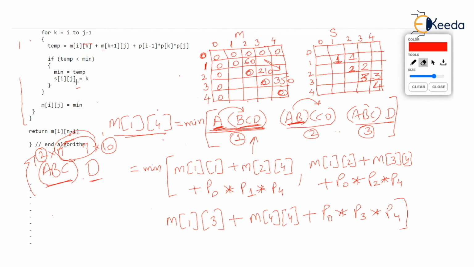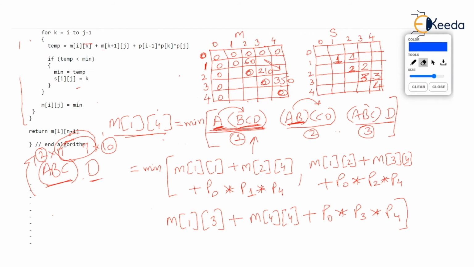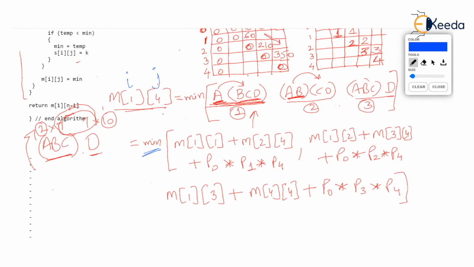What is the formula then? When you are computing Mij, observe M14. I'll just change the color now. Just bear with me for some time. Okay. When we are computing Mij, check this. We are finding M14. Then what's the formula? The formula is to find the minimum of, I'll build the formula now.